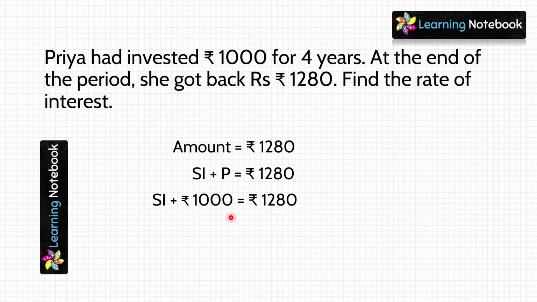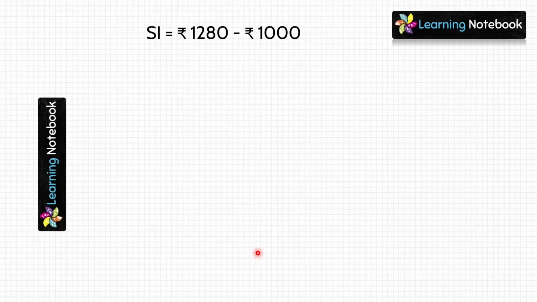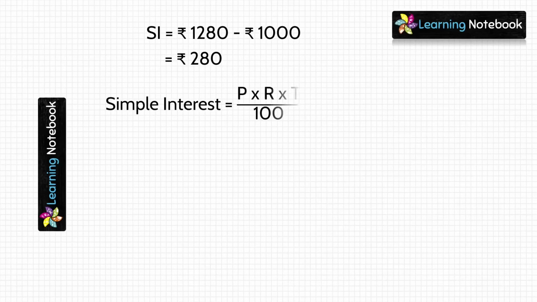Now students, to find simple interest, let's move this 1,000 to the right hand side. So plus sign becomes minus sign. So we get simple interest equals 1,280 minus 1,000, which is equal to 280. So we have calculated simple interest as rupees 280.